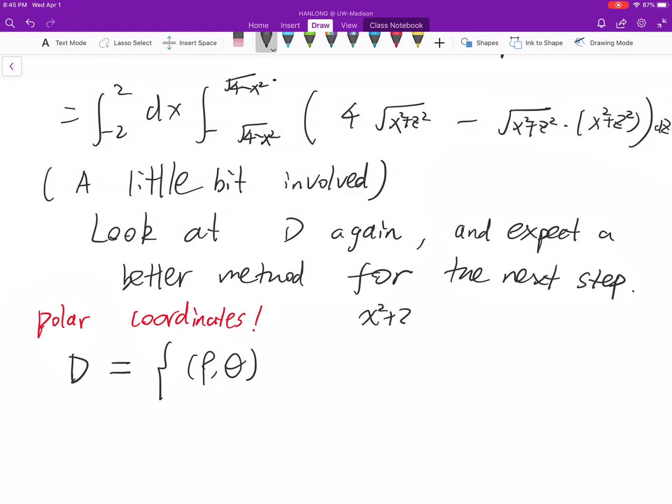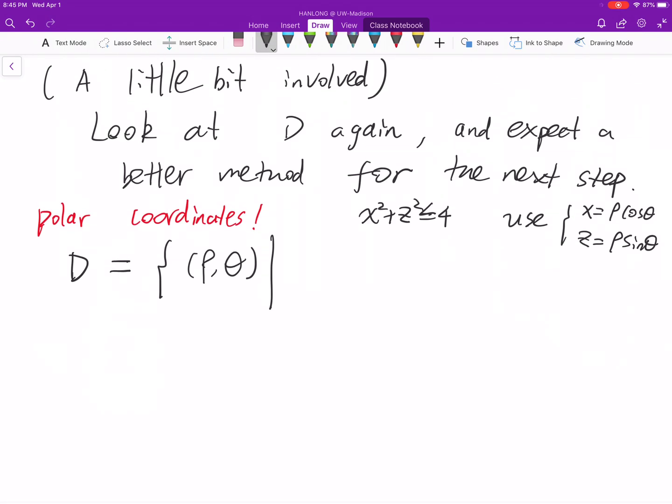Because now the equation is x squared plus z squared less than or equal to 4. So in other words, what does that mean? If you use x equals rho cosine theta, z equals rho sine theta, then you expect the equation is given by rho squared less than or equal to 4, or rho less than or equal to 2.